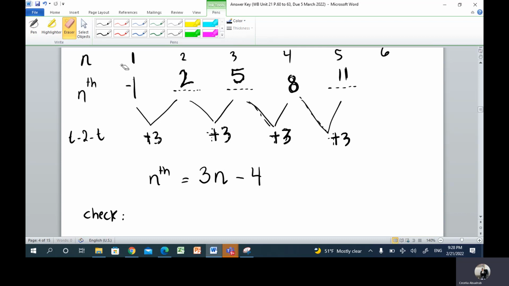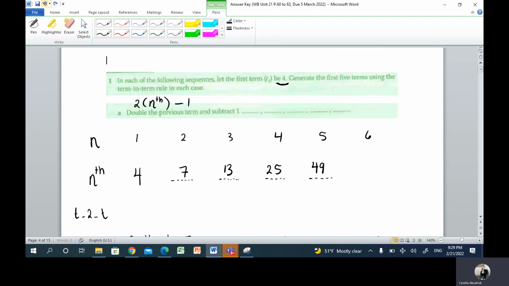Let's check on it when n is equal to 3. So 3 times 3 minus 4. 3 times 3, 9. 9 minus 4 is 5. Did I get the third term? Yes, I did. So, which means that we can always check on the first 3 terms. That's more than enough. So, which means that our nth term is absolutely correct.